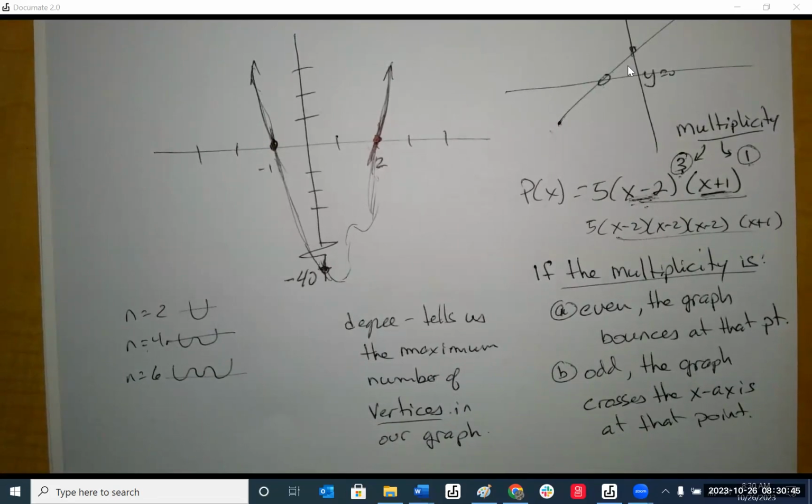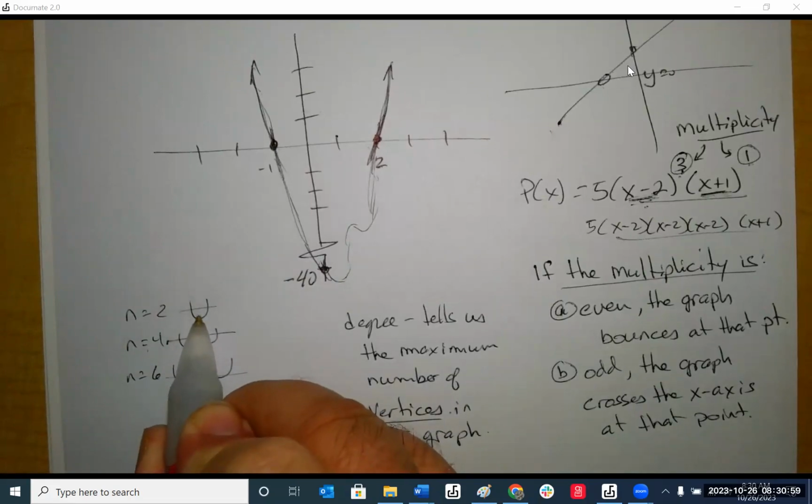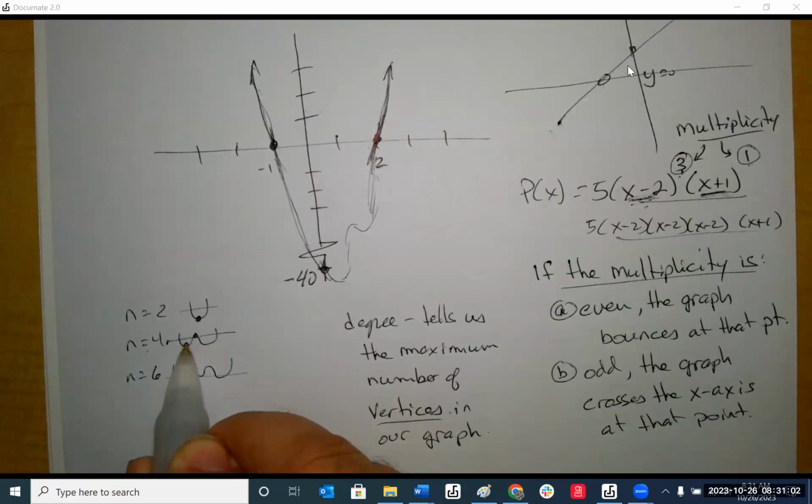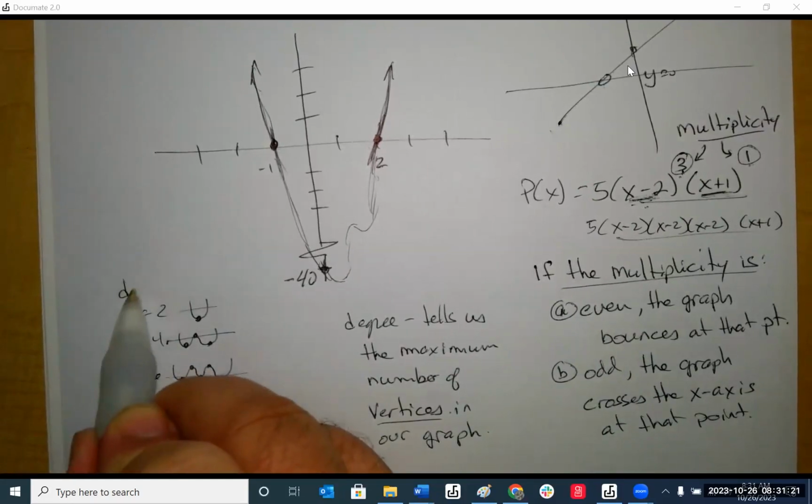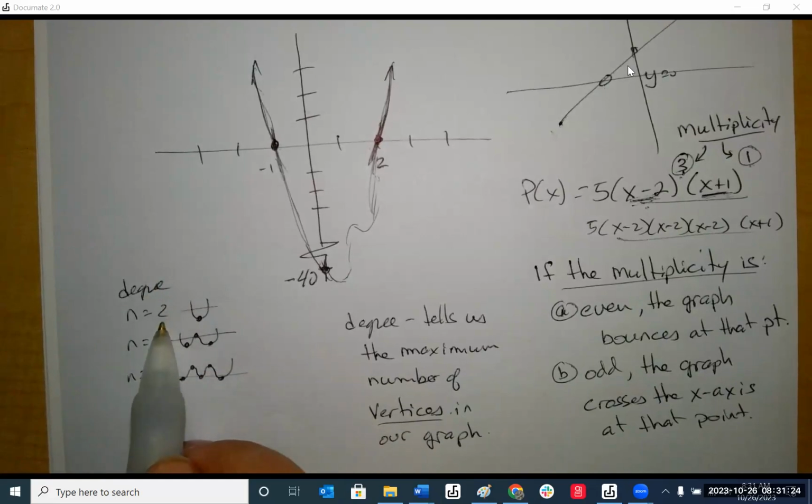We talked about this in chapter 2. The vertex is the lowest or highest point of your curve. It's either the lowest part of the curve or the highest part. So notice, when n equals 2, when our degree is equal to 2, how many vertices do we have?